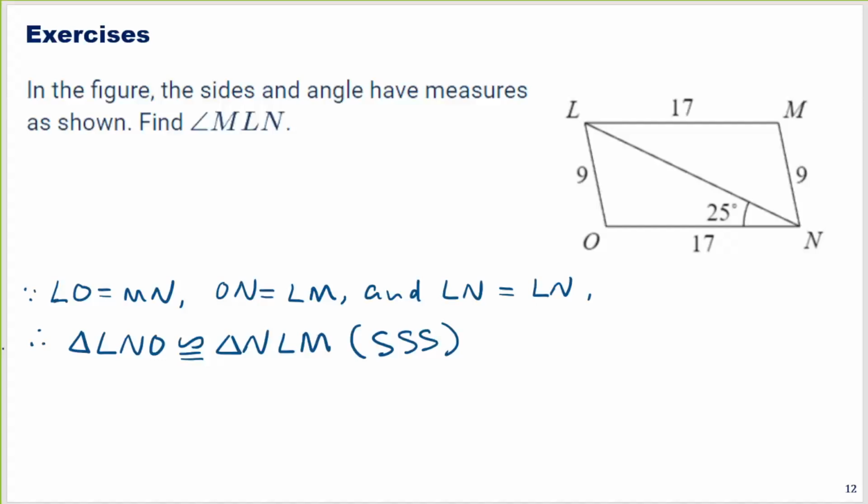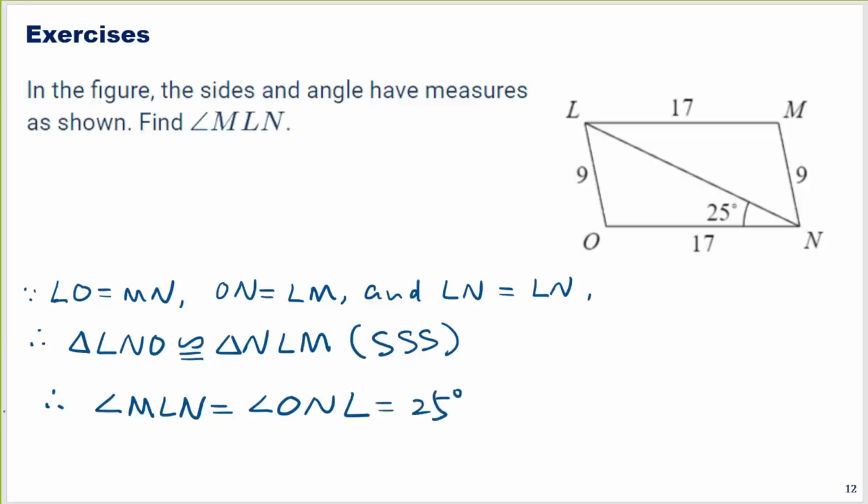Since angle MLN and angle ONL are corresponding parts of these two triangles, they must be equal, right? Therefore, we have angle MLN equals angle ONL, which is 25 degrees, right?